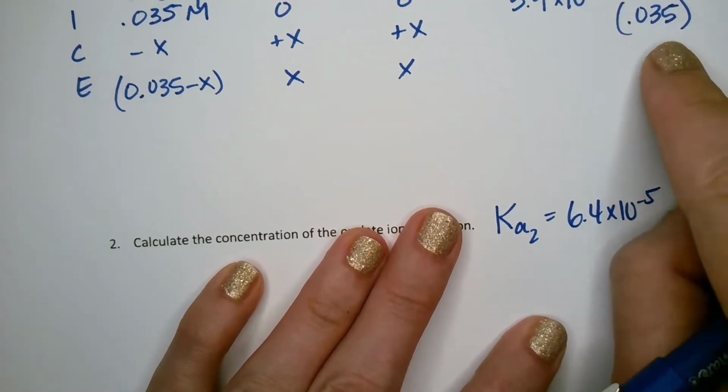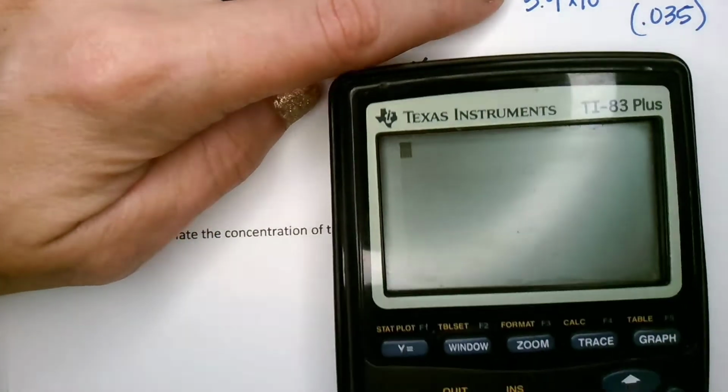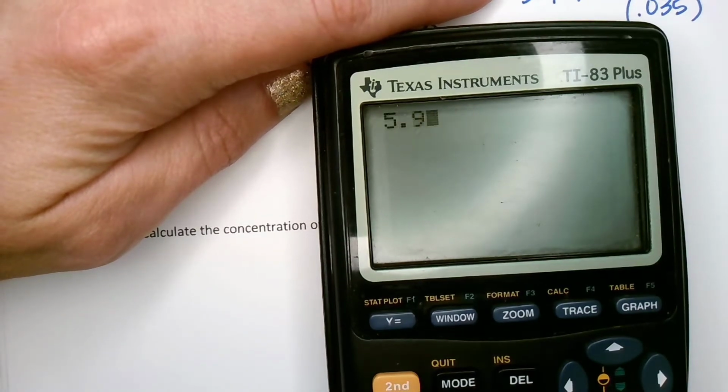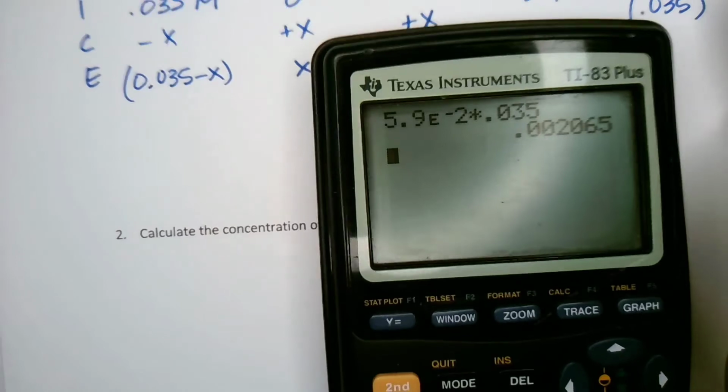So we're just going to start with this to check out our math here. So let's do 5.9 times 10 to the negative 2 times 0.035, and that's set equal to x squared.